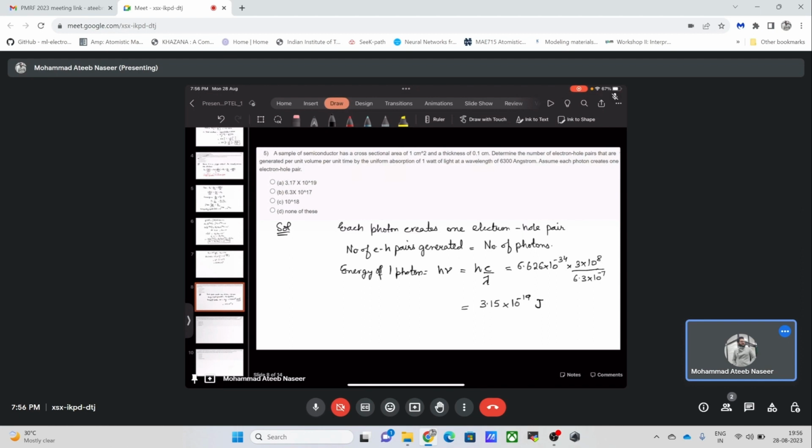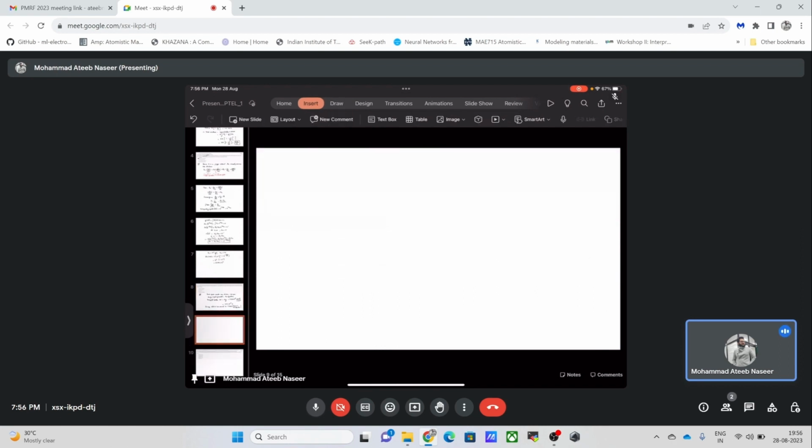So the number of photons generated per second is simply 1 joule divided by 3.15 into 10 raised to the power of minus 19, which is the energy of one photon.